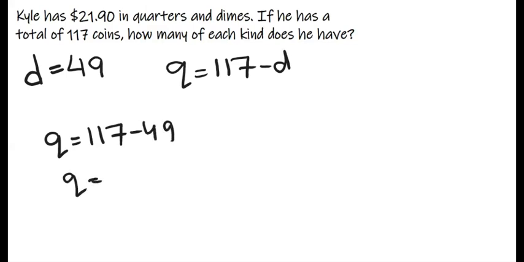Okay, 117 minus 49 is equal to 68. Which means that there are 49 dimes and 68 quarters.